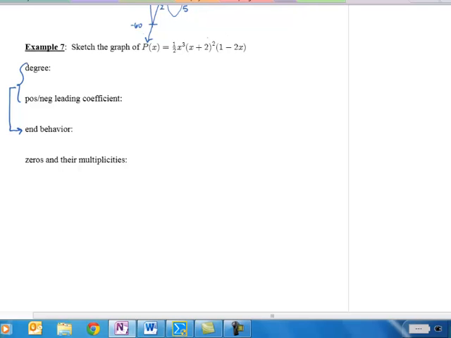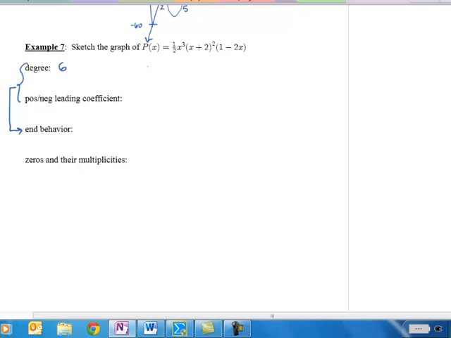So the degree here, again, what we want to think about is how many factors of x do we have? We have an x cubed, and then from this second group we'd have another x squared, and in the last one we have a factor of negative 2x. So it looks like we would have 1, 2, 3, 4, 5, 6 factors of x when we expand this. So the expanded form is going to have the highest degree term being degree 6.